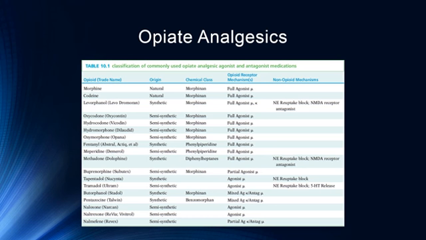Then we have the oxycodones, hydrocodones, hydromorphone, oxymorphone, fentanyl, Demerol. Then we get down into the mixed partial agonists, which include things like tramadol, which is a semi-synthetic mu agonist. And then we, of course, get the complete antagonists of the mu receptors.